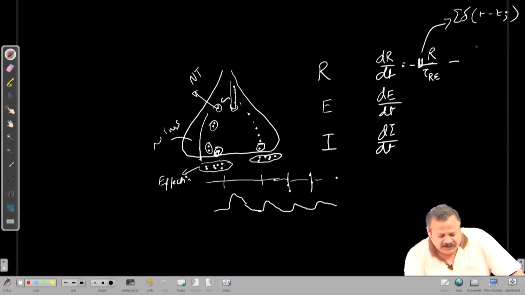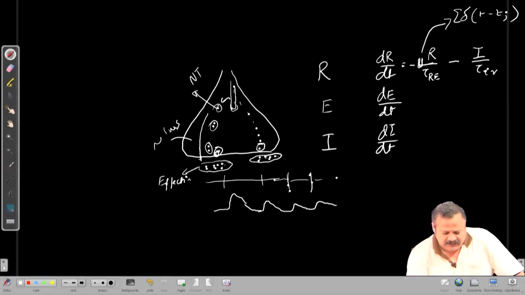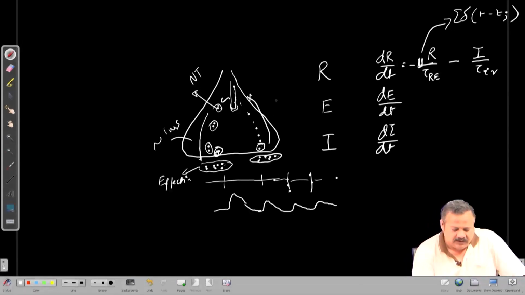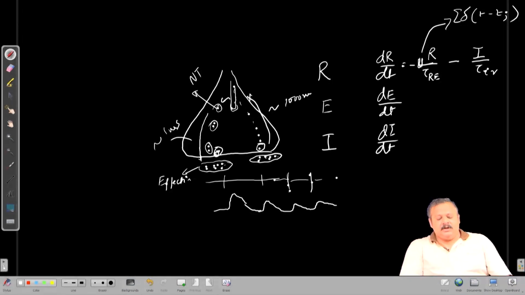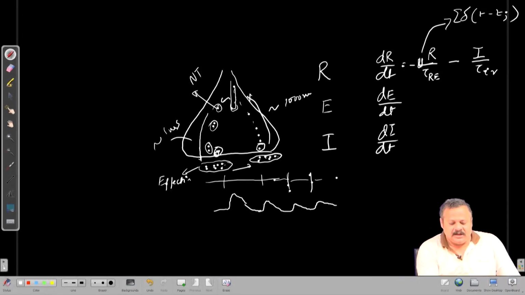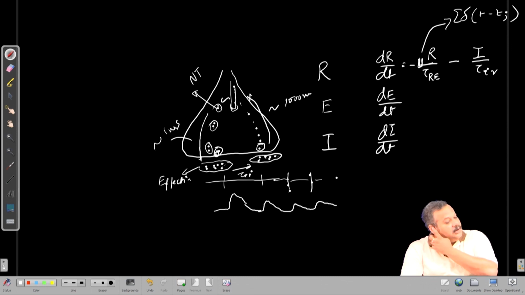R is being replenished from the inactive state with a time constant tau IR, and this tau IR is extremely large, of the order of seconds or 1000 milliseconds. Here the time constant tau I is of the order of tens or 100 milliseconds.